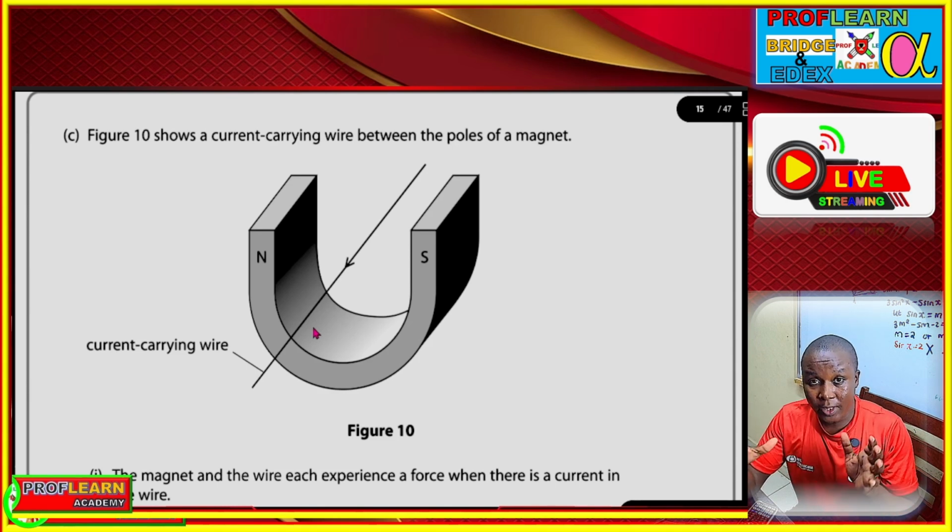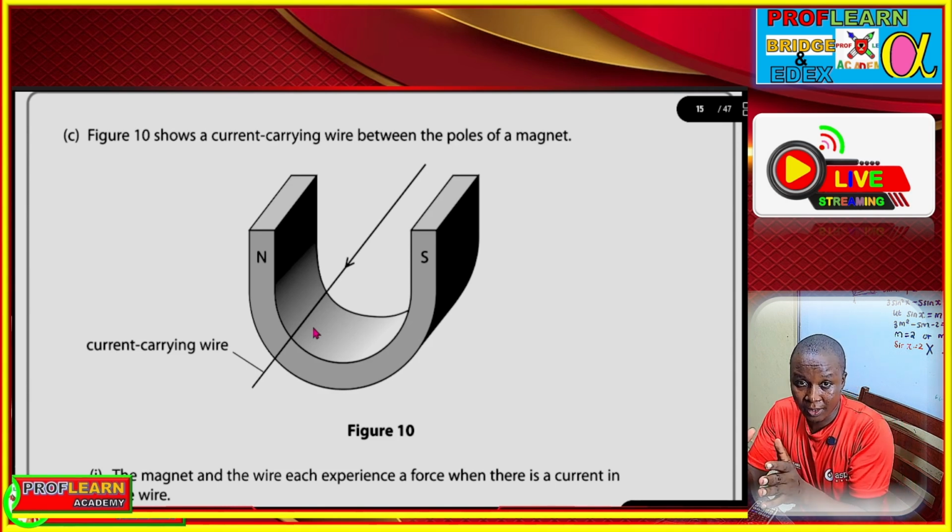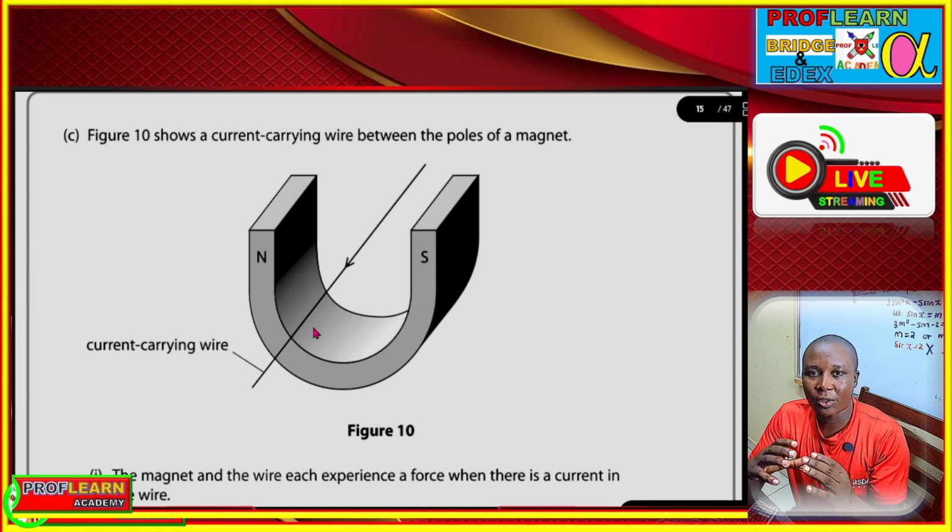When the two fields, the fields of the permanent magnet and the fields of the conductor, interact, there is going to be experienced a force. And that's what we call the motor effect.